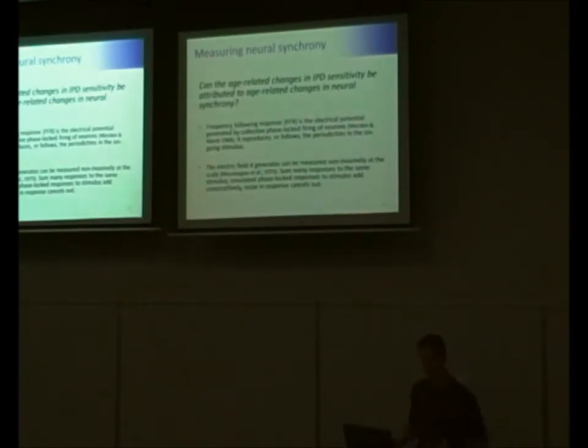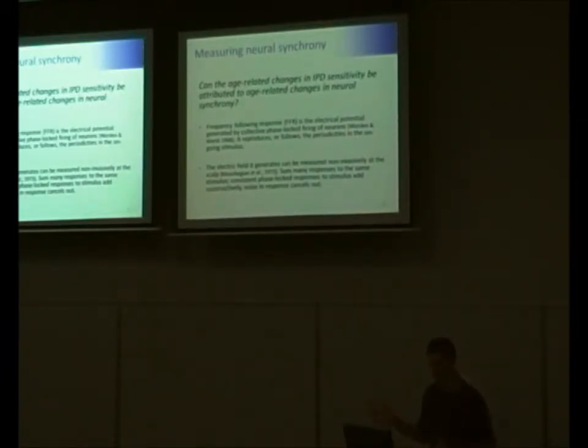We wanted to see whether this is being driven by neural synchrony. So we used a frequency following response, which is an EEG measure, and you're looking at how well it follows the periodicity in the signal.